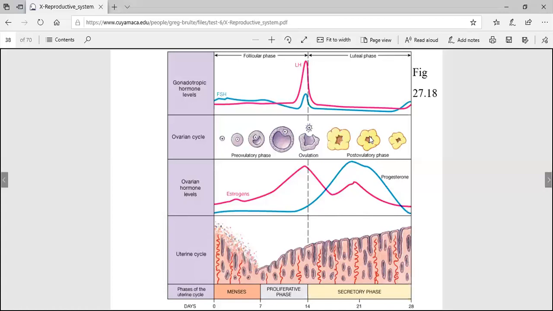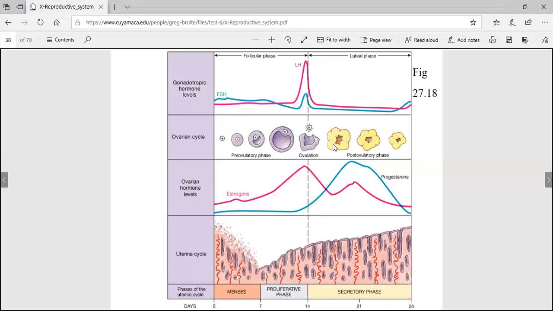I can just ask, what hormone from the anterior pituitary spikes right before day 14 and causes ovulation? You go LH. It's luteinizing hormone, but if you just say LH on the test, I'm going to give it to you. What stimulates the follicles to start doing their thing, getting more and more thecal cells? Follicle stimulating hormone.